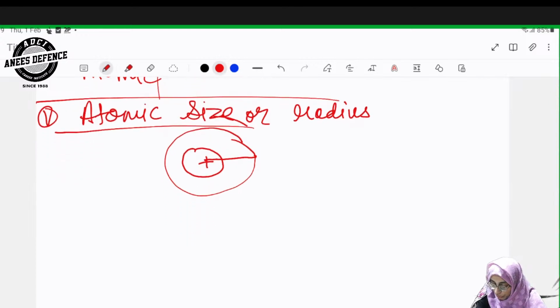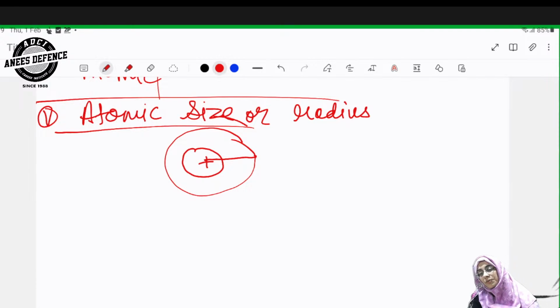The exact size of an atom's radius can't be found. We cannot find the exact size of any atom. Why? Because it's impossible to know where an electron is in an atom, because orbitals don't have sharp edges.